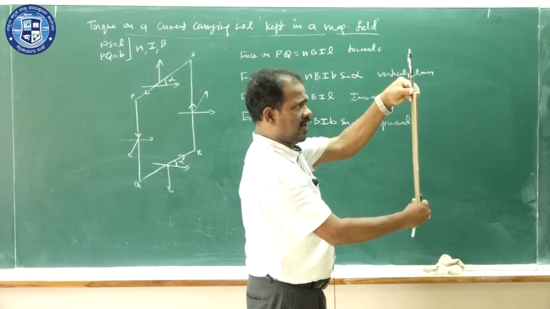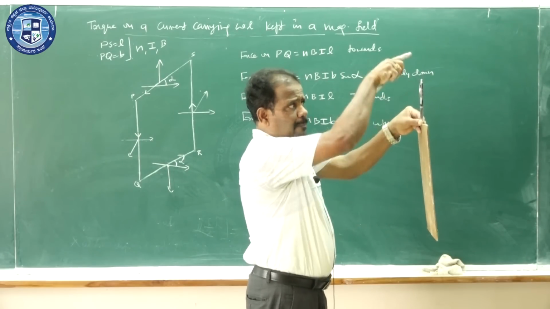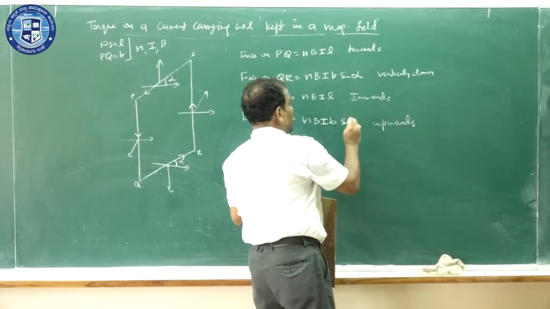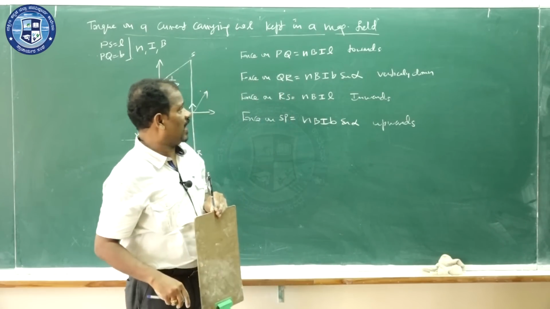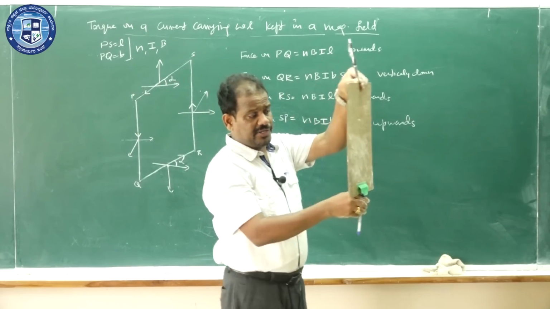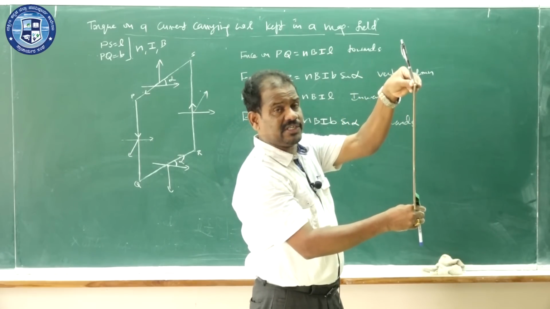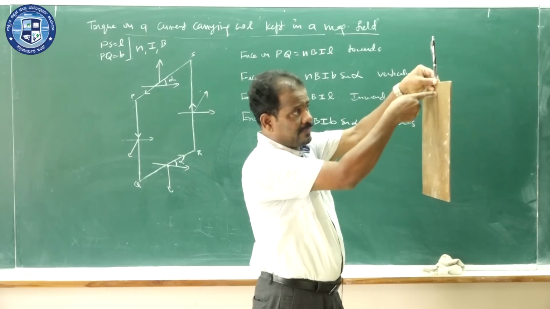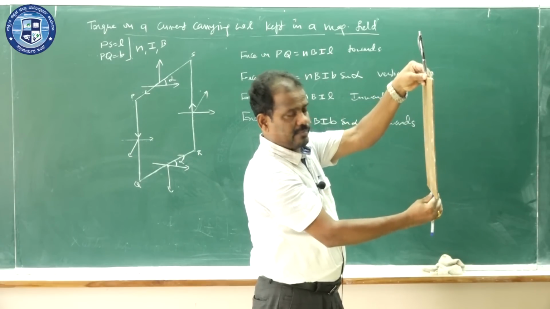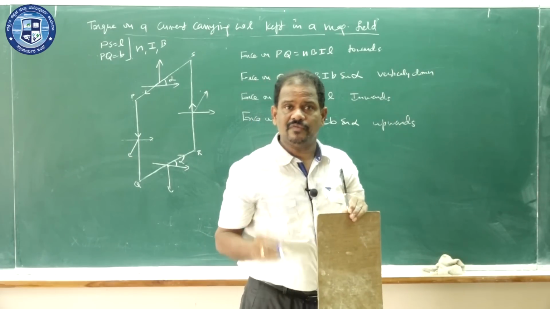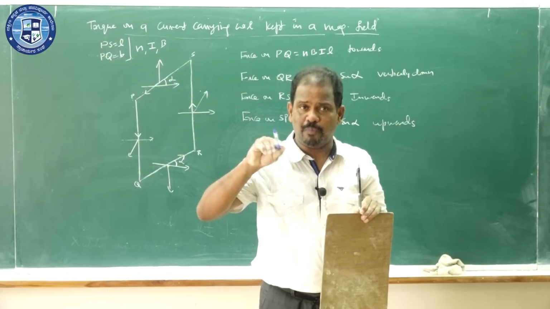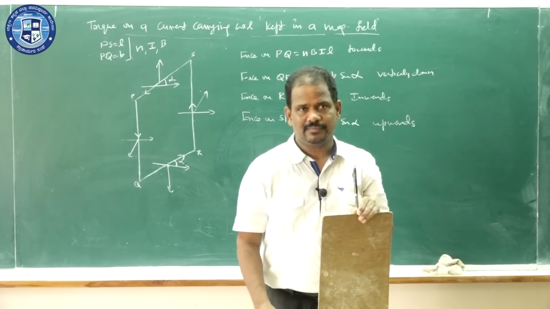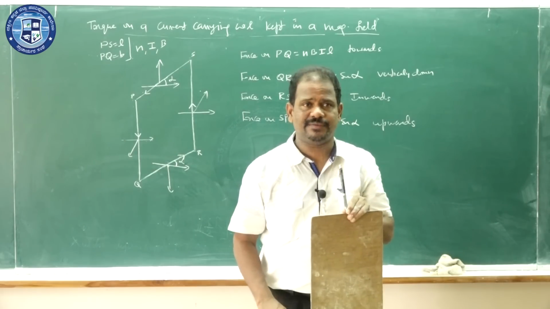One is vertically up, another vertically down, and both are equal: NBIL sin alpha. They are equal, opposite, and acting on the same line. There were two forces which are equal, opposite, and acting on the same line, so they get cancelled. Therefore, the upper force and the lower force get cancelled.